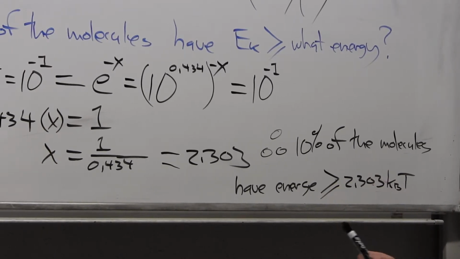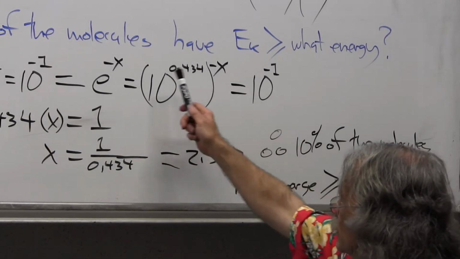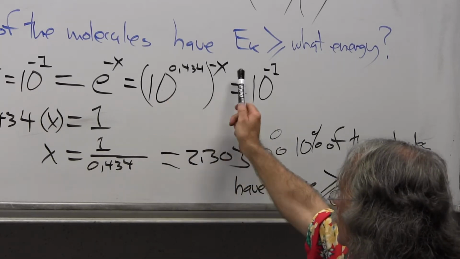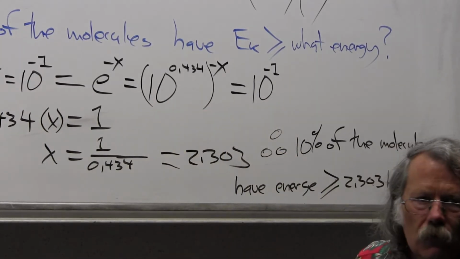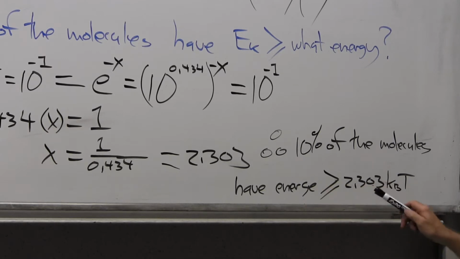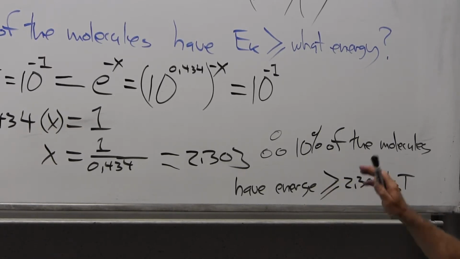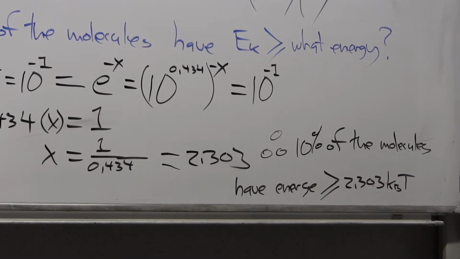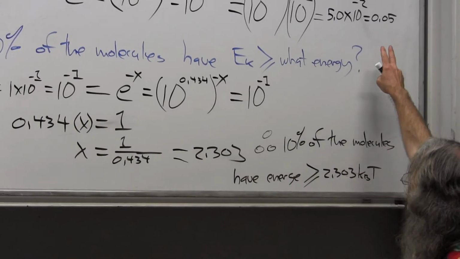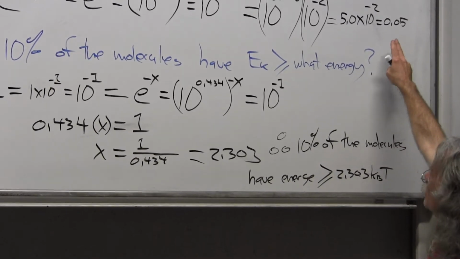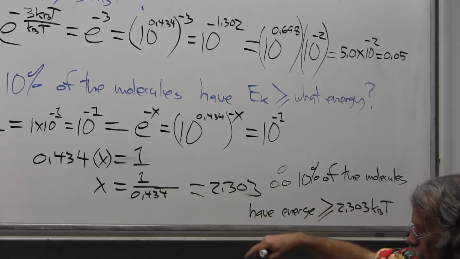But the neat trick here is, once we had it up in the exponent, to simplify the problem, all we had to do was solve for this. And then we were done. We found the multiple. So it's actually easier to find the fraction or the percentage than it is to go the other way. I could easily say what percent, and that involves a little more manipulation than going this way.